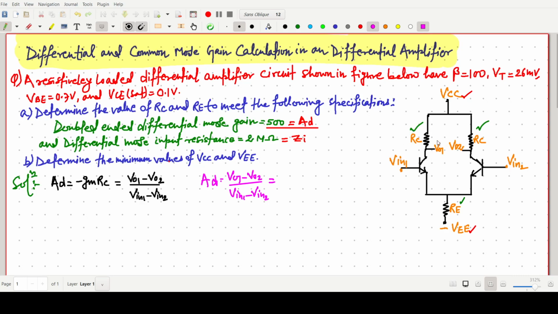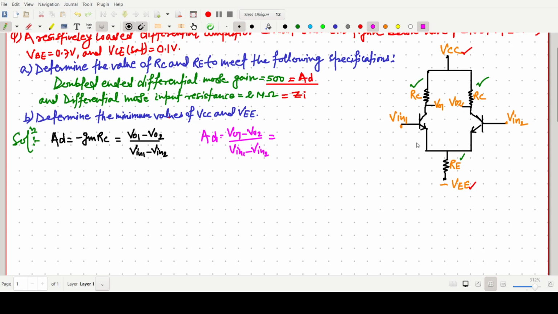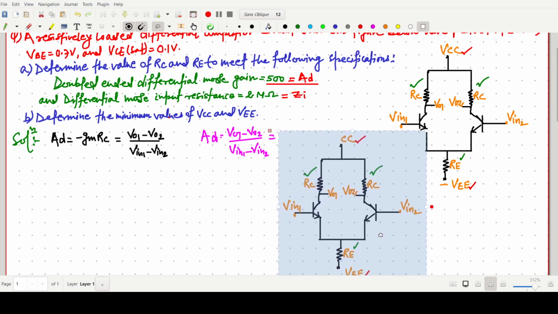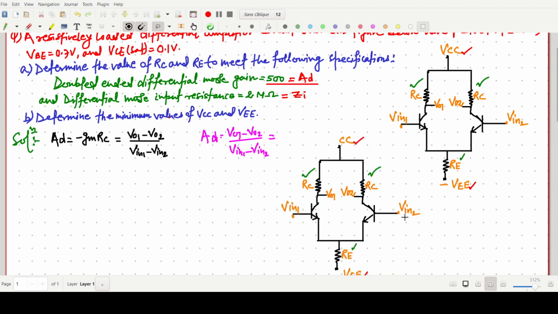Now for this V naught 1 calculation, we have to go for the AC analysis. For the AD value, we have to go for the small signal analysis.